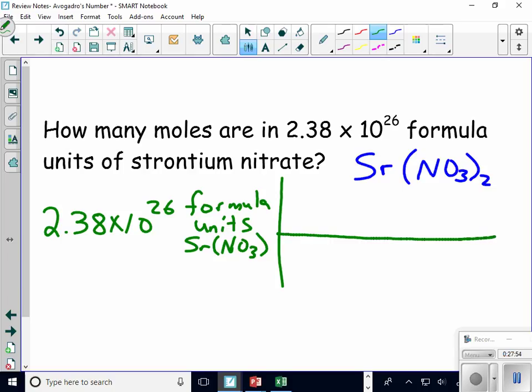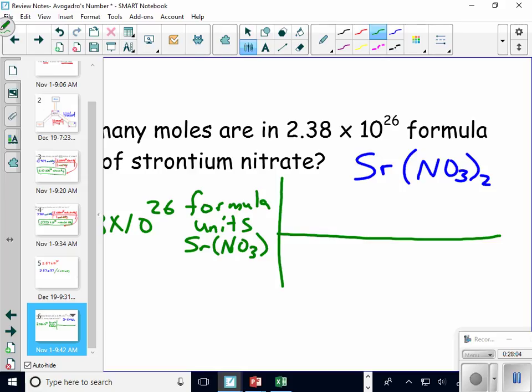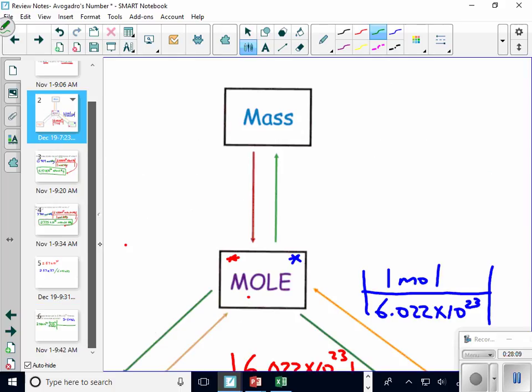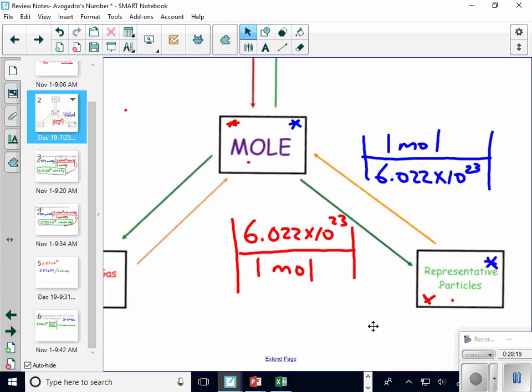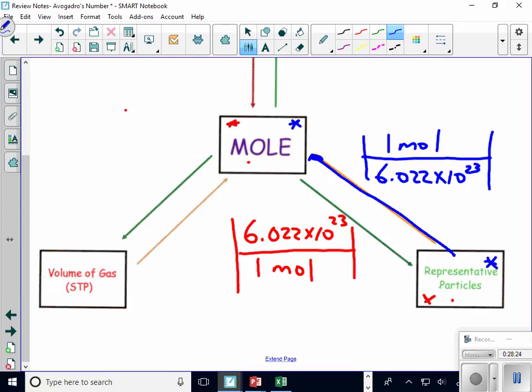I'm going to do my conversion box. What do I want to cancel? I want formula units to cancel. So now, based on my flux capacitor, who is not cooperating with me, I'm at representative particles, and I'm going to moles. So I'm going to use that right there.